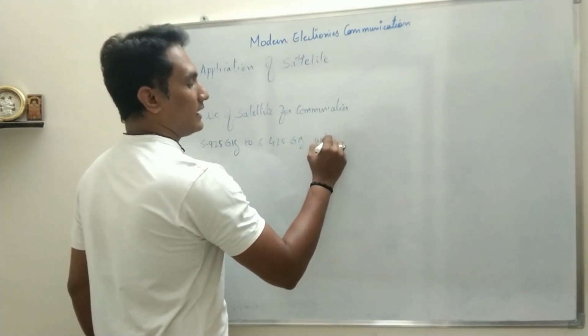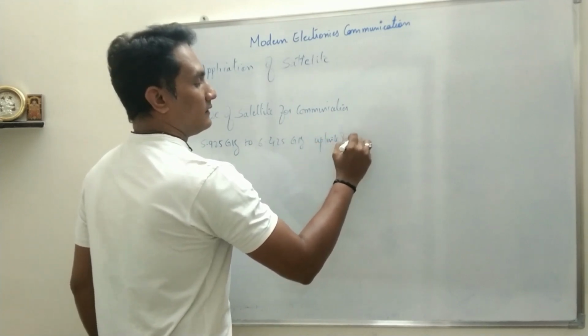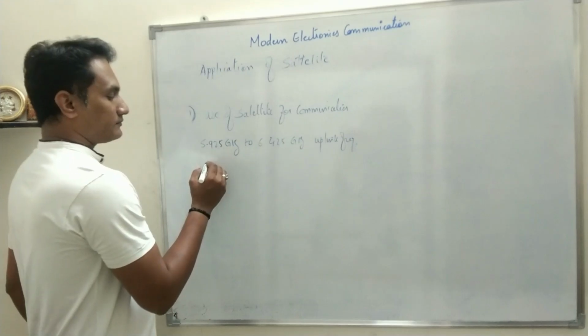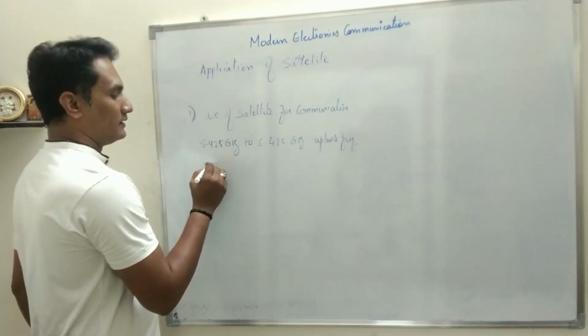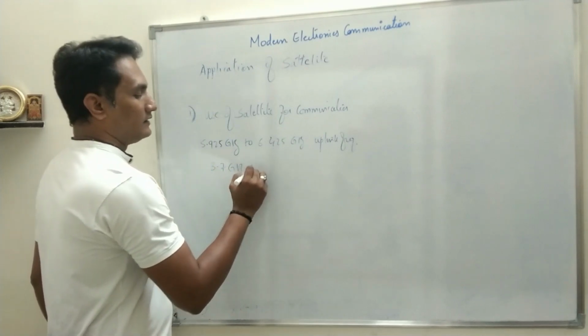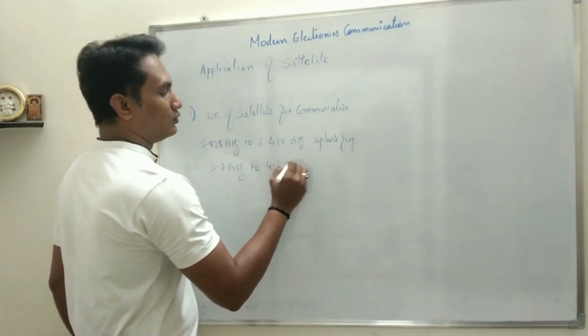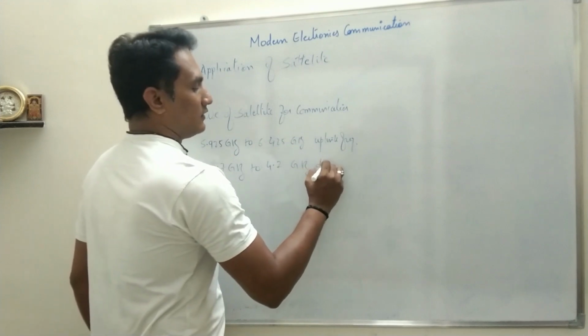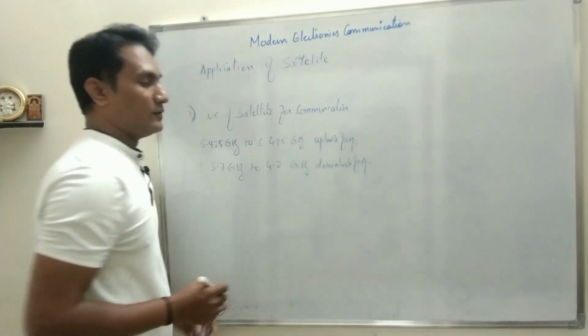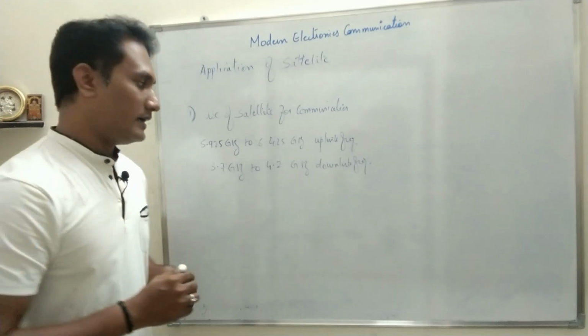This is called the uplink frequency. And the downlink frequency is 3.7 gigahertz to 4.2 gigahertz. This is called the downlink frequency.